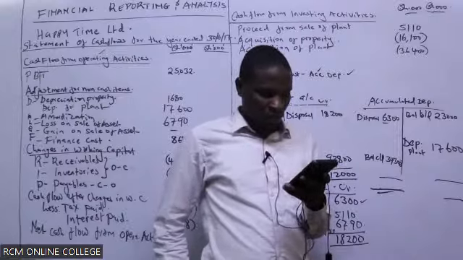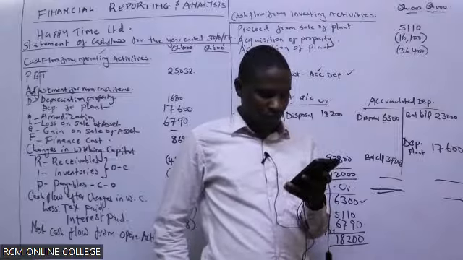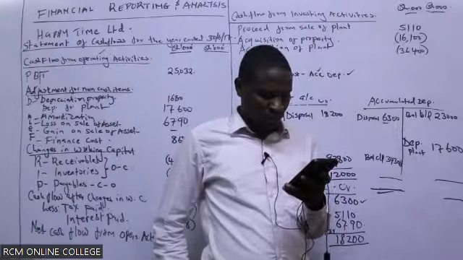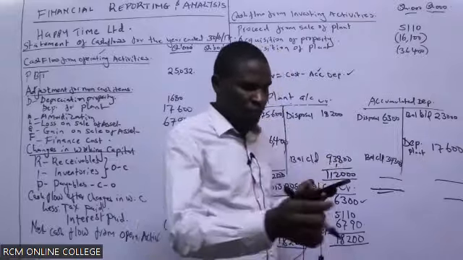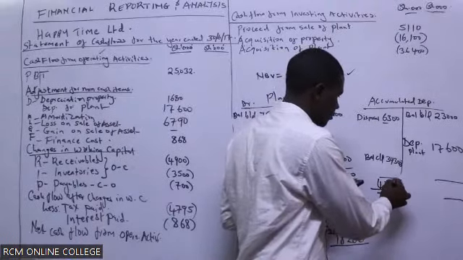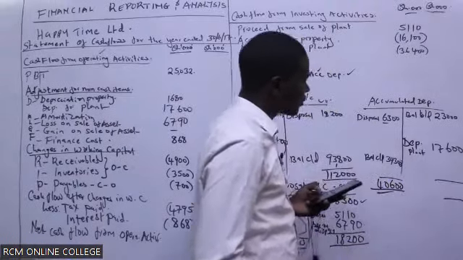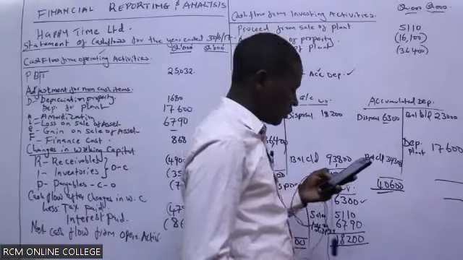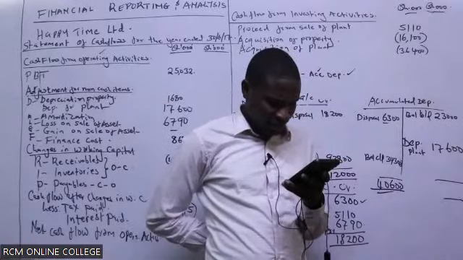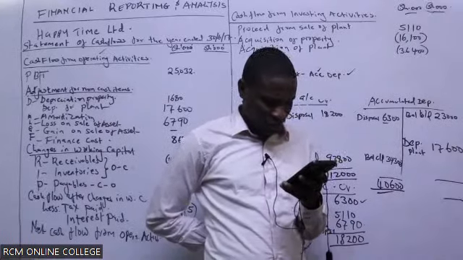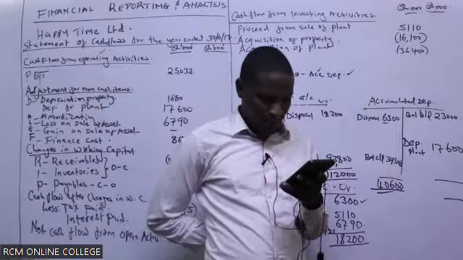Okay, all right. So I'm checking. Just check whether we had any other item affecting our accumulated depreciation of plant.